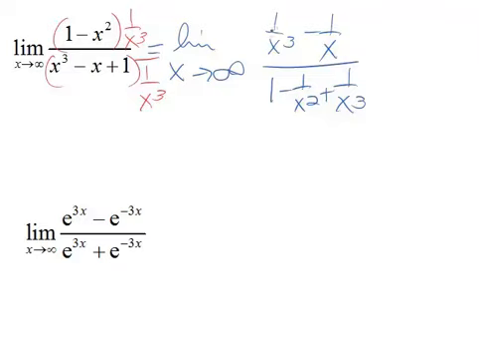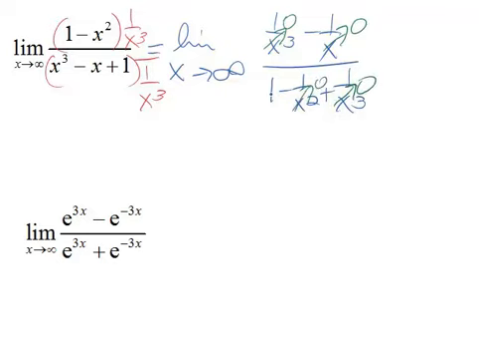The limit as x goes to infinity of 1 over x to the third goes to 0, because as x approaches infinity and the numerator stays 1, it gets smaller and smaller. That's also true for 1 over x. The 1's are still here, but these other two go to 0.